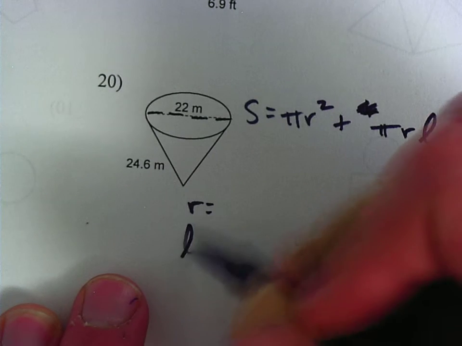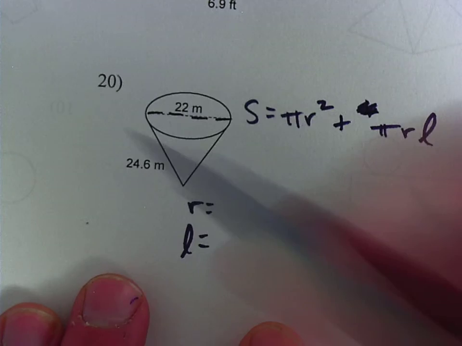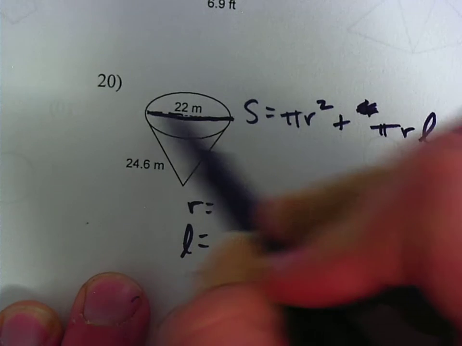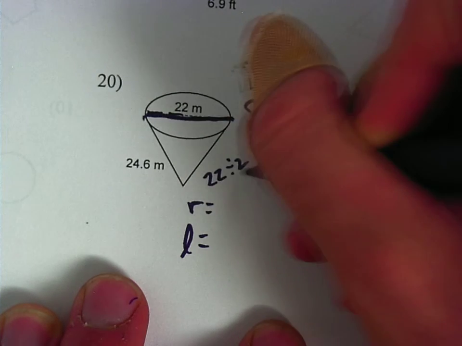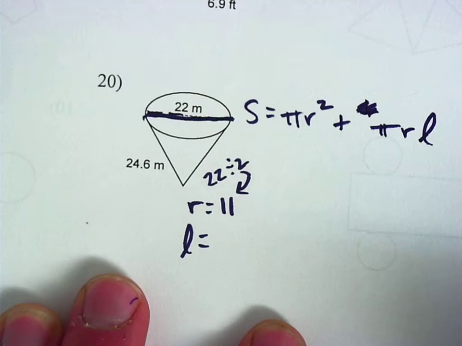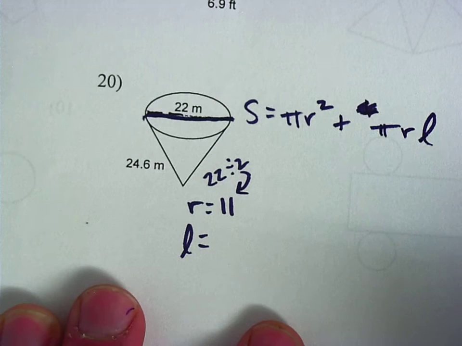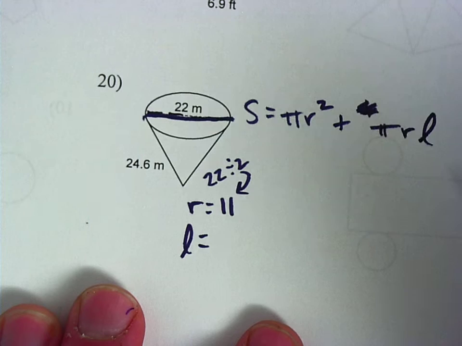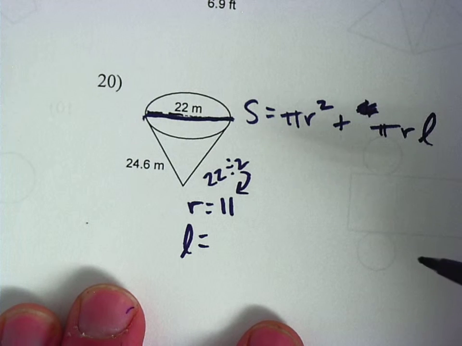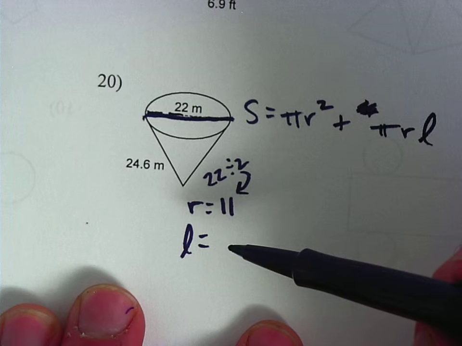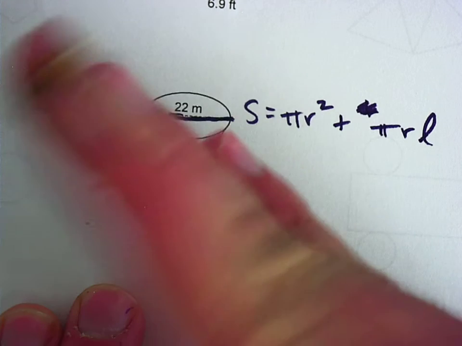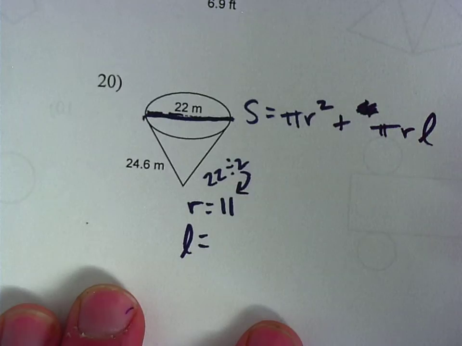So we're looking for r, we're looking for l. Well, in this case, they give us the diameter. So we're just going to take that diameter and divide by 2. And that's going to give us our radius, which is 11. And now we're looking for the slant height. Remember, the slant height is the distance up and down, but at a slant, at a diagonal or an angle.